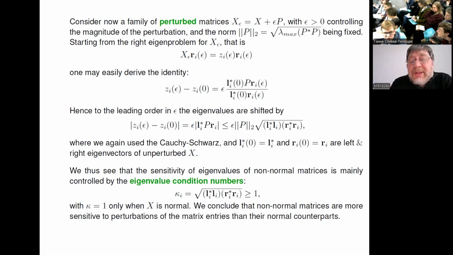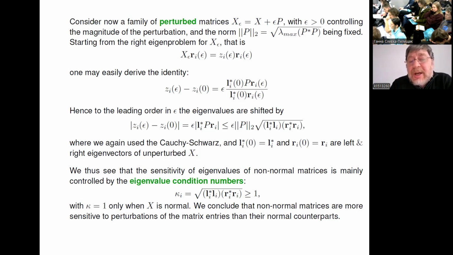We immediately see that this square root exactly controls the sensitivity of eigenvalues of non-normal matrices to perturbation.